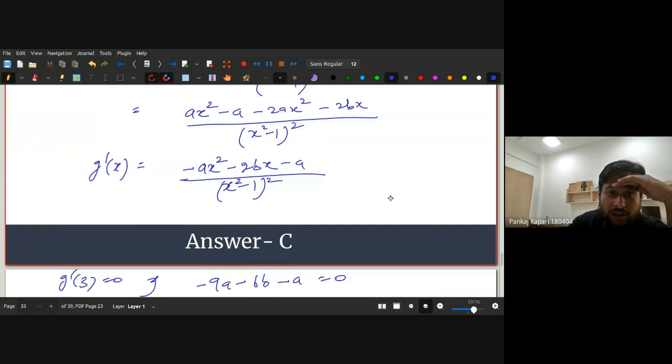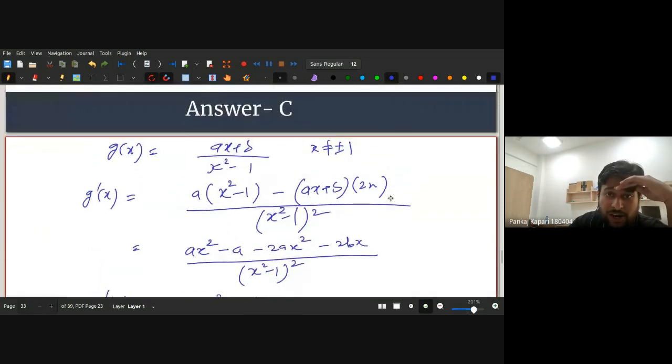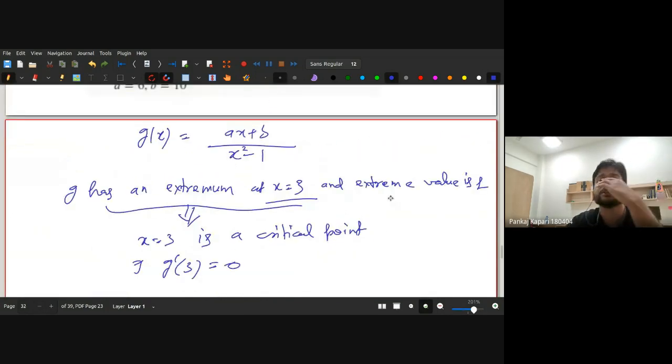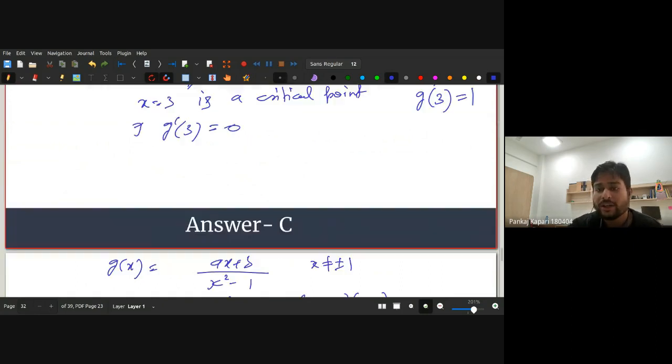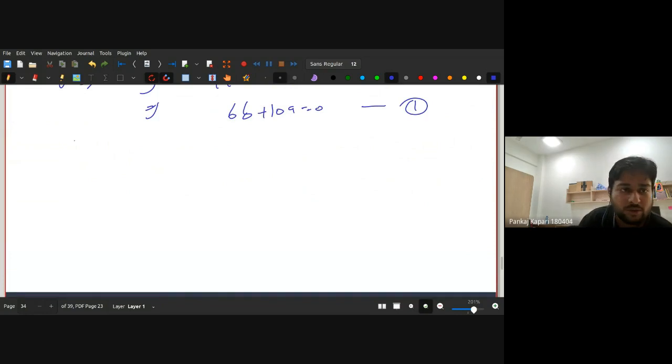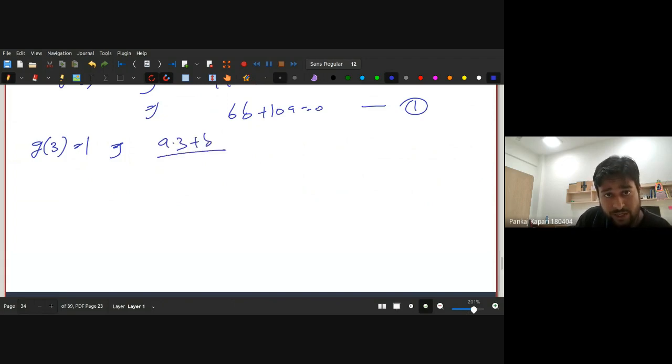Okay, so another relation we get from the second information. The second information says that the extreme value is 1. So the extreme value is 1 means if you put 3 in the function g, you should get 1. So g of 3 is 1. So since g of 3 is 1, that will give us that (8·3 plus b) divided by x square minus 1 is equal to 1.